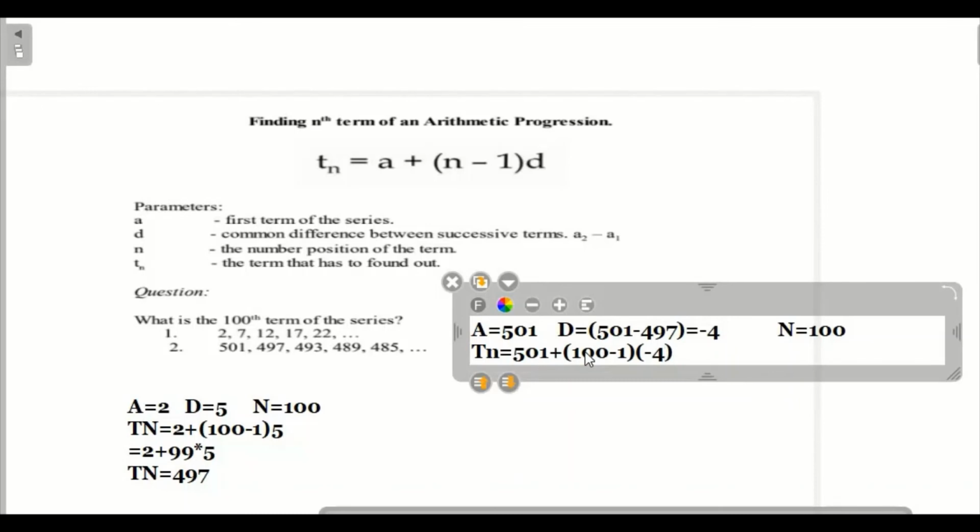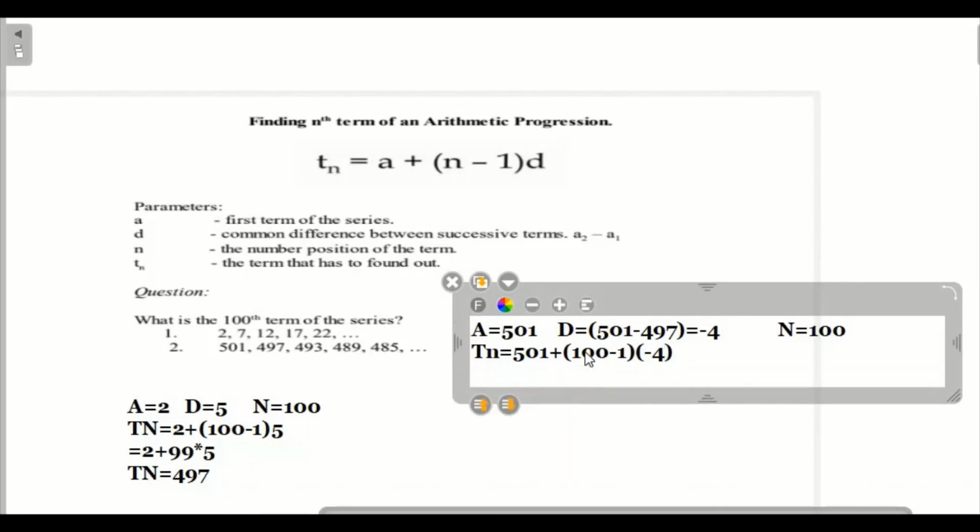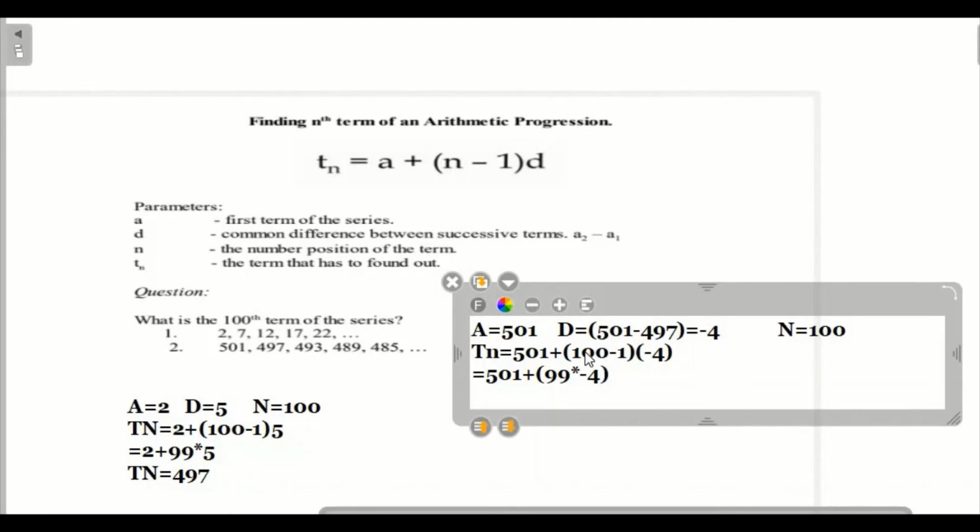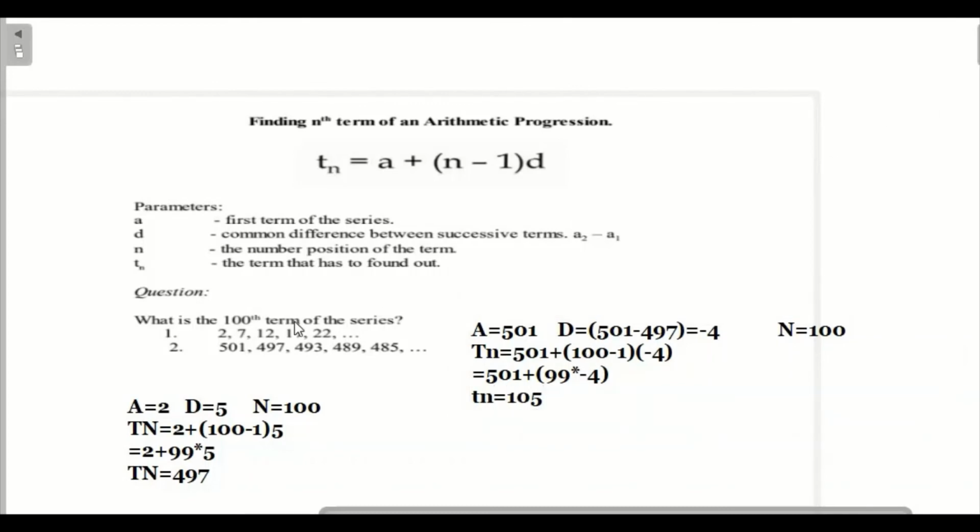It's minus 4. So we'll get 501 plus 99 into minus 4. Here we get the answer. Tn equal to 105. Okay.